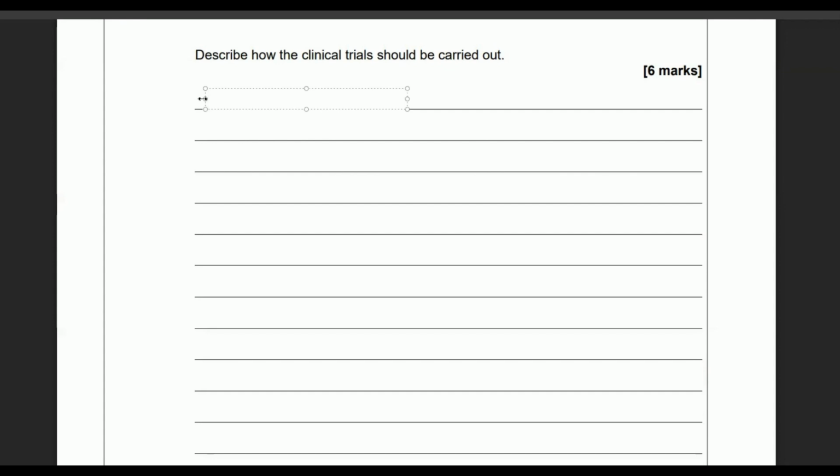So first of all, first stage, give to healthy volunteers. Why do we give it to healthy? Actually, it doesn't say explain. Check that. It's describe. So we only have to say what happens, not explain it. So first stage, give to healthy volunteers.